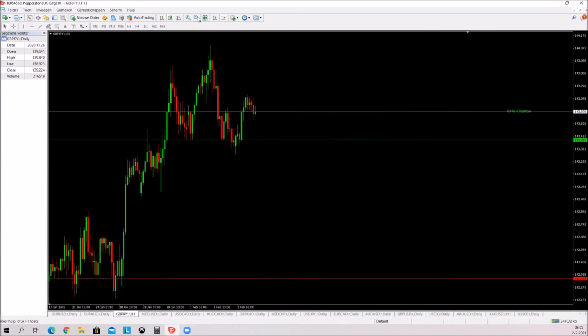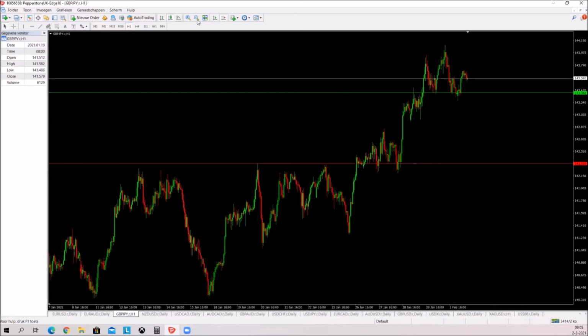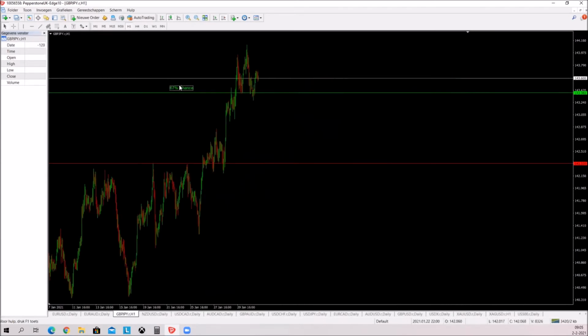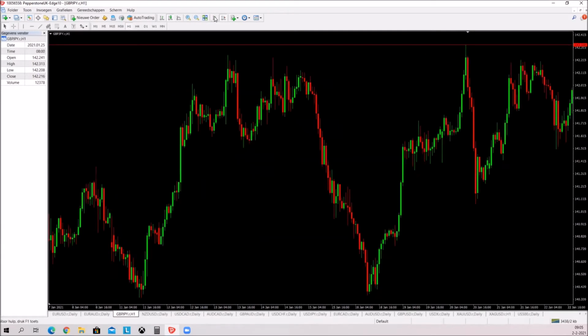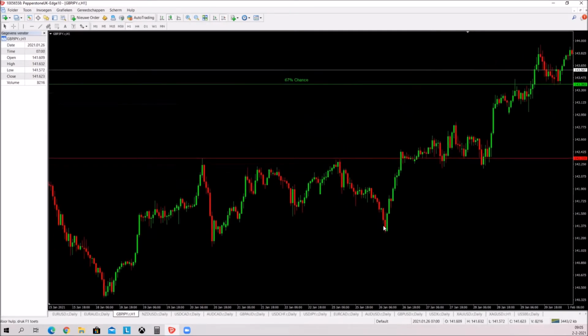So let's go over there. All right, so this is the hourly time frame, and this is the particular day in question. Let me draw it in very quickly to make it clear. This is the particular day in question.